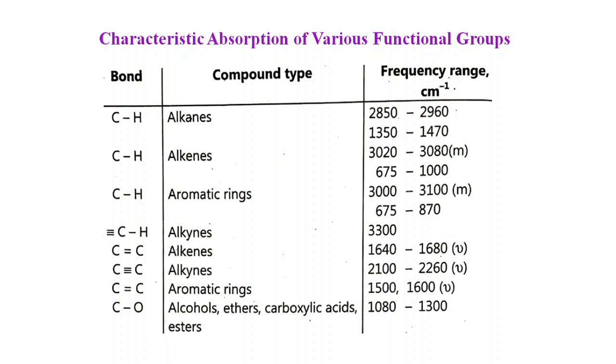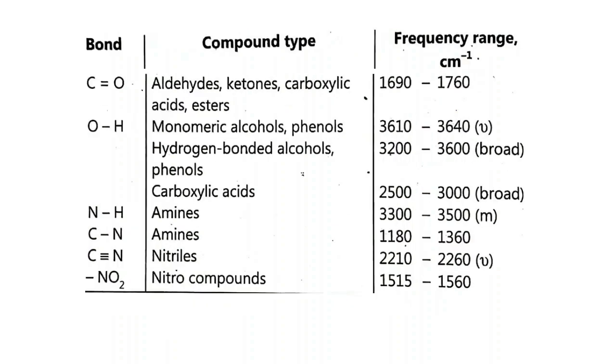The frequency range is there. Absorption frequency may increase or decrease because of the factors which we have already seen. These are some of the functional groups and their frequency range.